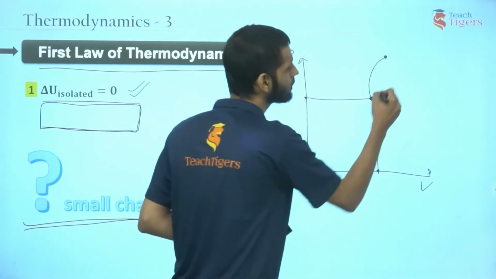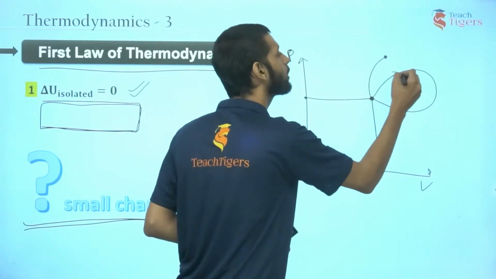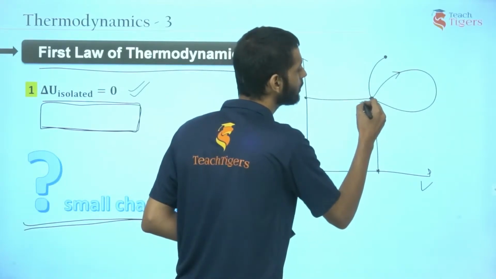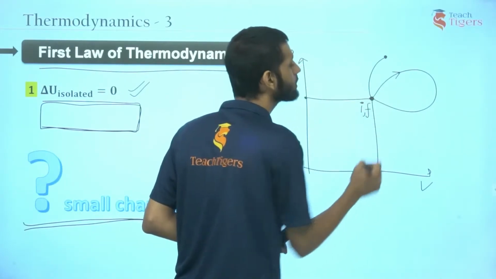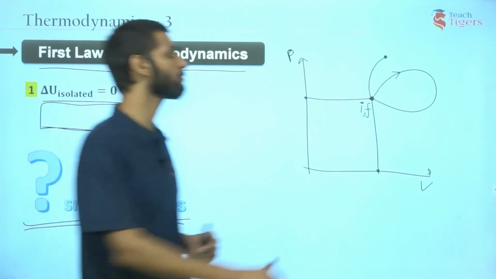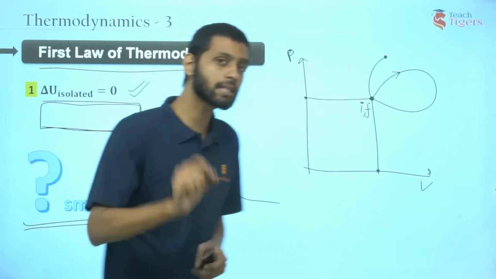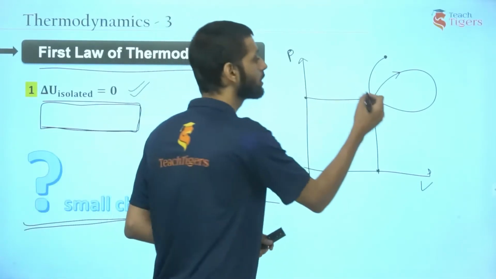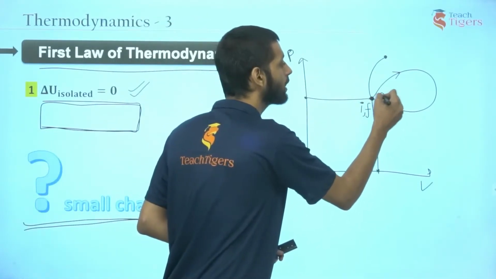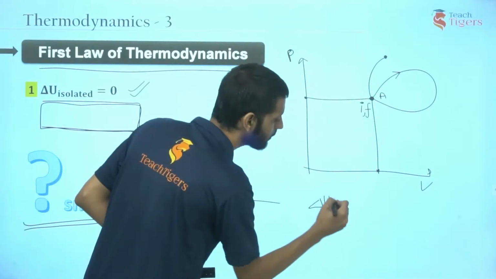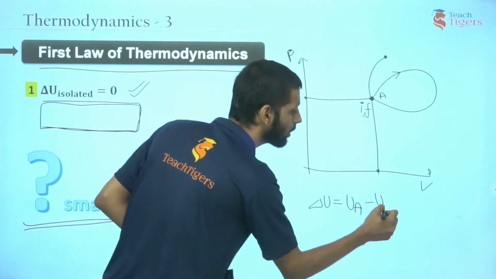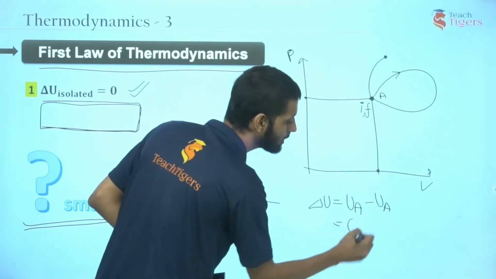But what if I do this? What if I go and come back to the same point, so that my initial and final points are the same? In this case also, my delta U is zero. If I label this point as A, my delta U is simply UA, my final state, minus UA, my initial state, and I get 0.